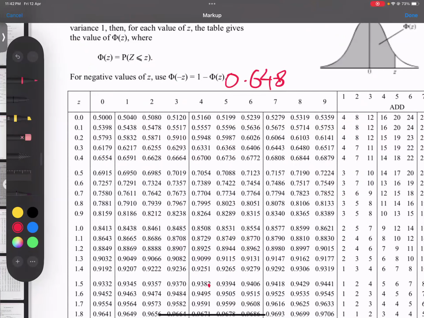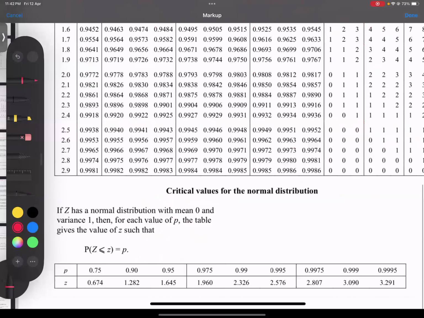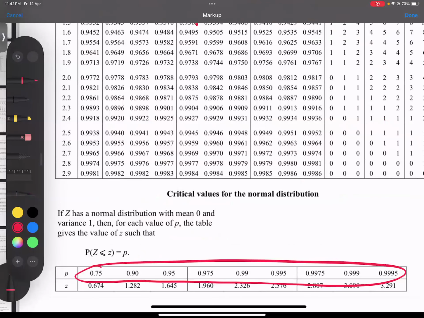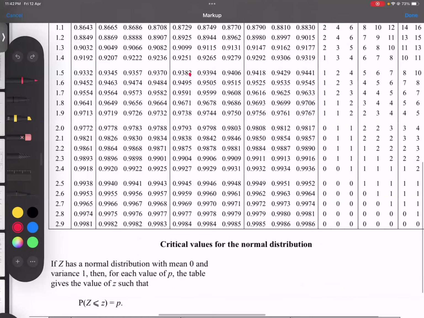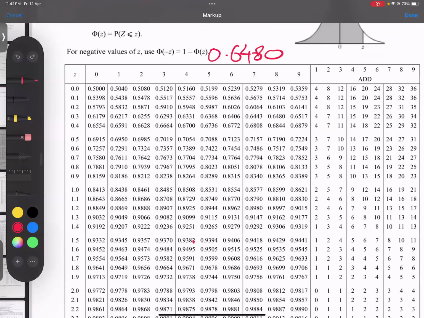So if this probability 0.648 is mentioned in the table, then I have to look from here. So 0.6480, let's try to find it. 6480, it's exactly matching.